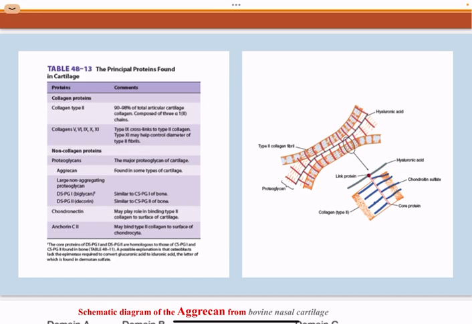We have other proteins that are specific for the cartilage structure, which are chondrolyptide, for example, or ankyrin C type 2. These are collagen-specific proteins. This is representing the structure of cartilage, and as you can see here, in the middle we have proteoglycan, as mentioned before.